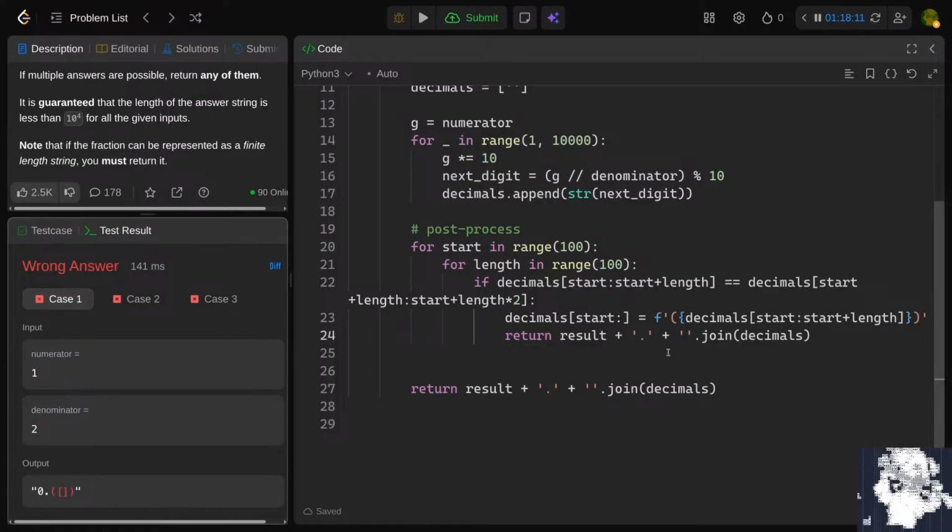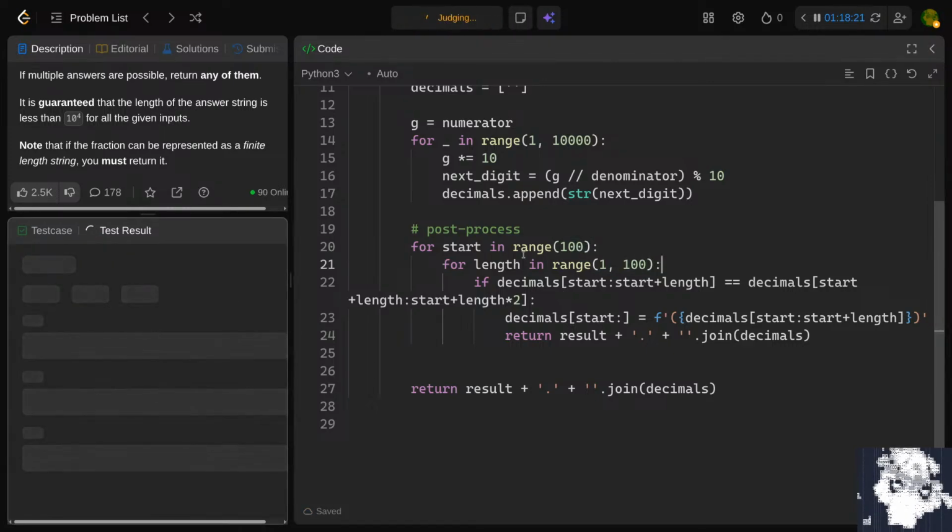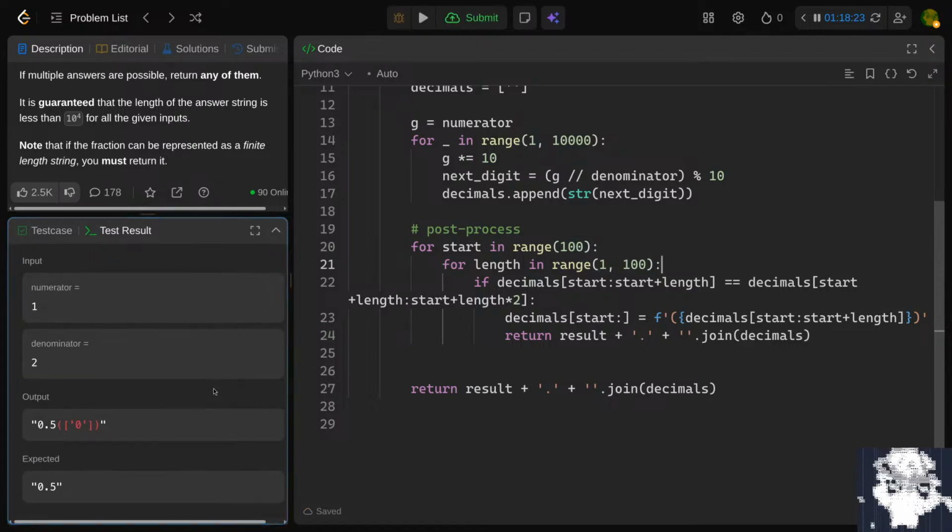I'm ending with an empty. Oh, don't count. Empty string doesn't count as a length that should repeat.